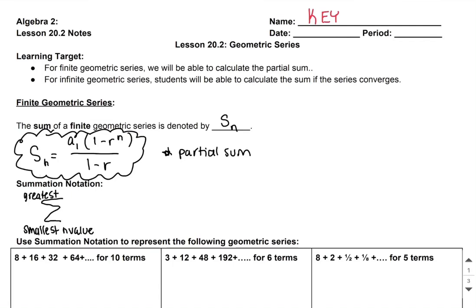The greatest n value goes on top, and then the explicit formula for a geometric sequence goes here. What this says, to recap, is take the sum of this series from this n position, this term, to this term. This is the explicit formula that you can use to find what the terms are for each one of those positions.